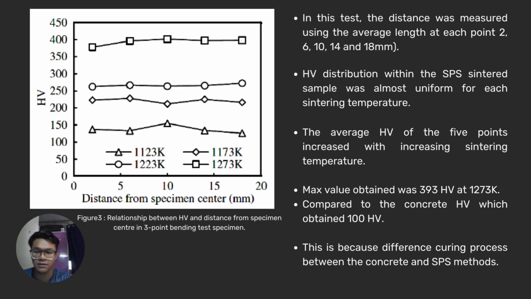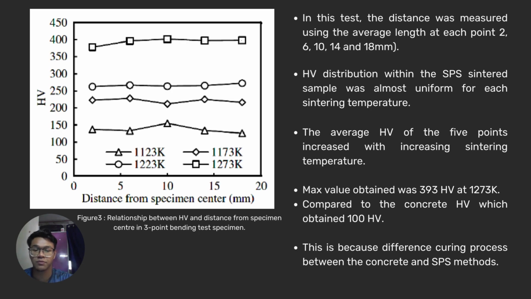We can see here at lower temperature, the value of Vickers hardness is lower than at the higher sintering temperature. When we compare here at 1123 Kelvin, the value of the Vickers hardness is slightly below 150 HV, and for the higher temperature of sintering, we can see here the Vickers hardness value is between 350 and 400 HV.